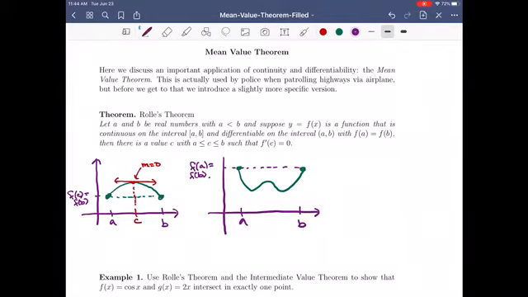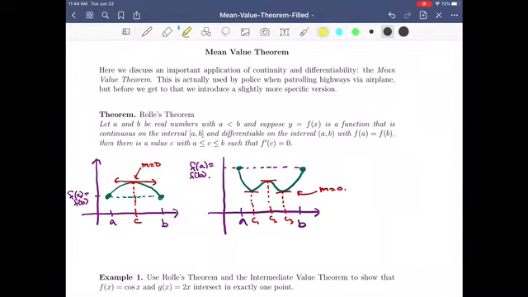Now here we have a bunch of c's with derivative 0. I'm going to call these c1, c2, and c3. We actually have three here that have slopes of 0, so derivative of 0. The theorem guarantees one, but there could be more. But you have to have a bunch of conditions.